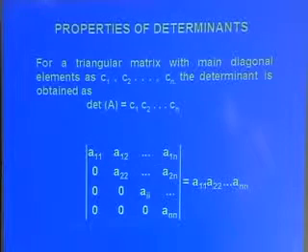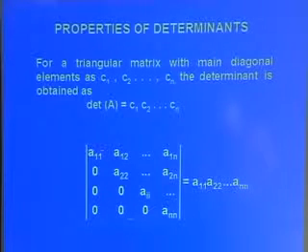Now for this minor we evaluate along this particular column. So a22 multiplied by this minor will contribute, but the rest of the terms will not. Similarly, we will go to the next lower order minor, and this way we continue, and finally we will have only this term left. So what we have is the product a11, a22, ann as the value of this triangular matrix.